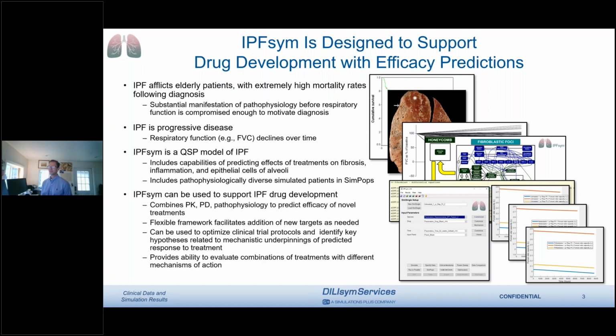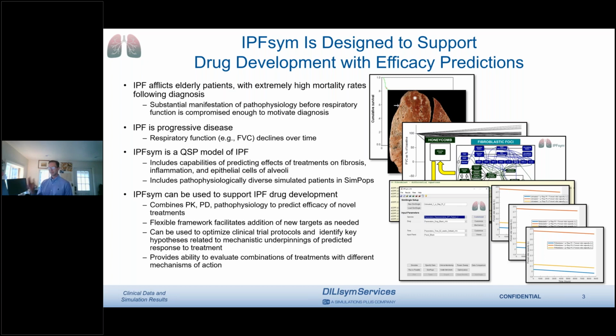We'll go through the software, and you'll see much of that, but a really salient point here is, as is the case with most QSP models, IPFsym is available to support drug development in a variety of ways. It can be used early in the pipeline, where you're evaluating a target without even a compound in hand. It can translate preclinical data into humans in first-in-human studies.